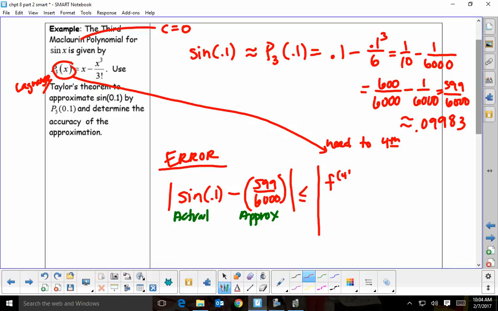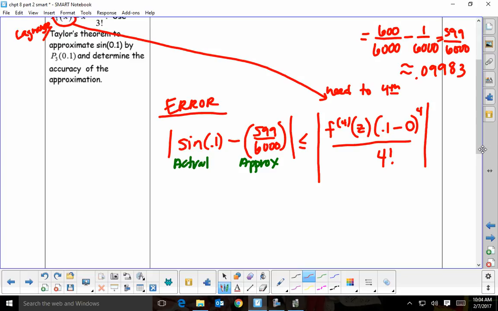Fourth derivative of c times x minus 0.1 minus 0, to the fourth over 4 factorial.